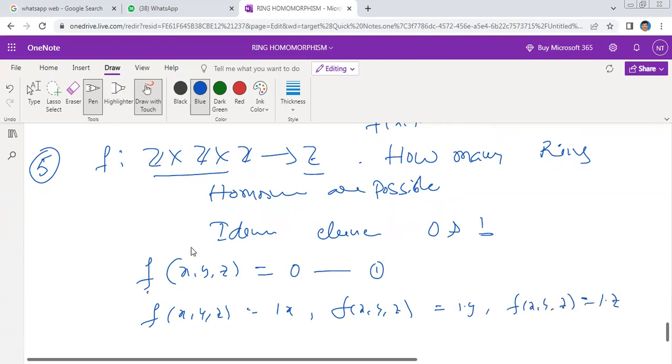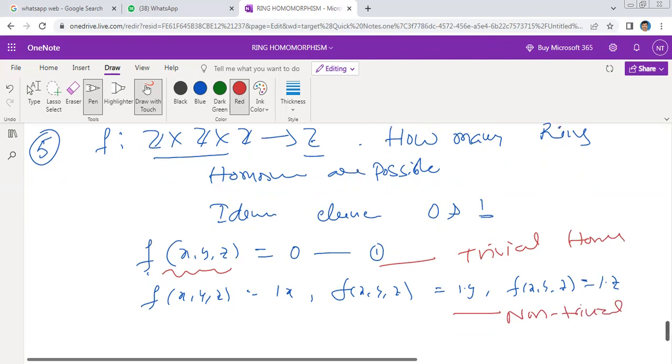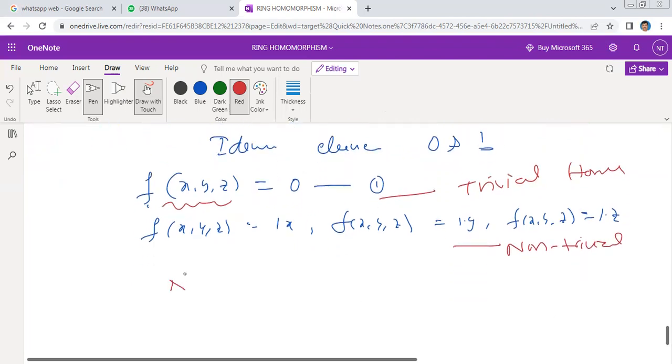So the zero map is the trivial homomorphism, and these are non-trivial homomorphisms. The number of ring homomorphisms is 4. Am I right?